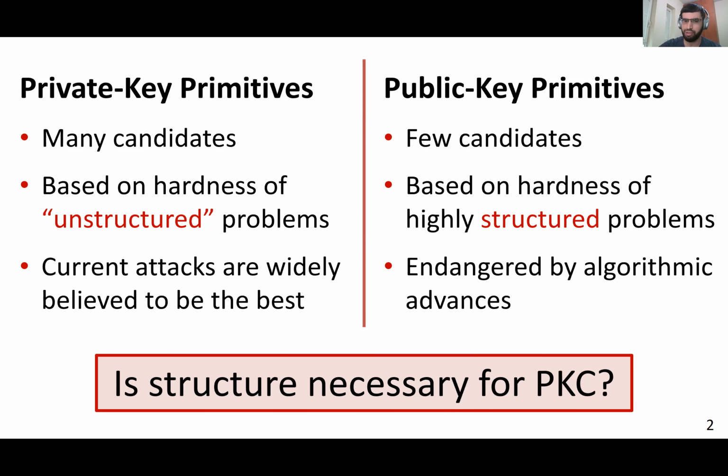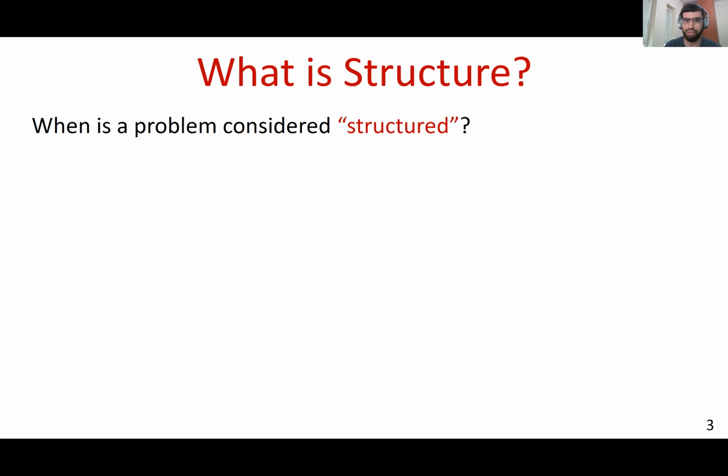So we ask whether structure is necessary for public key cryptography. To move on with the discussion, we need to define more carefully what structure is in our context, or when is a computational problem considered structured. And there's no clear-cut answer for this question.